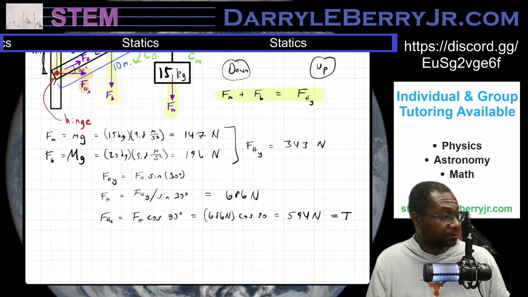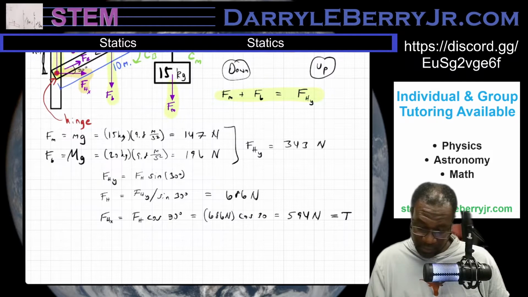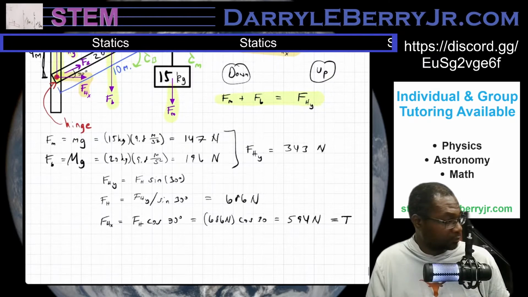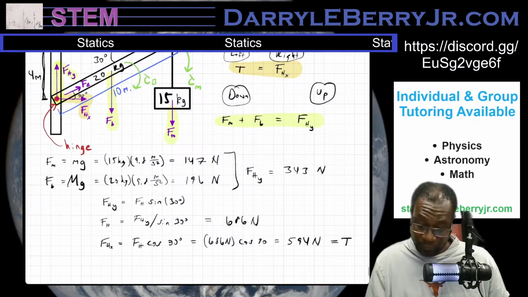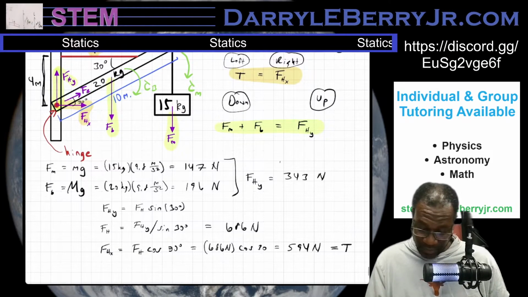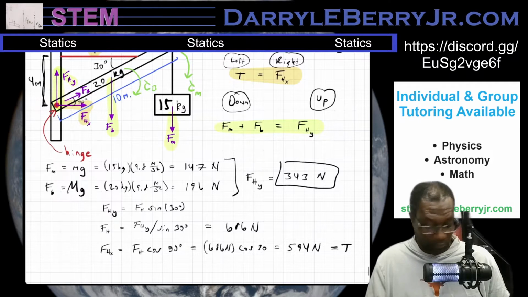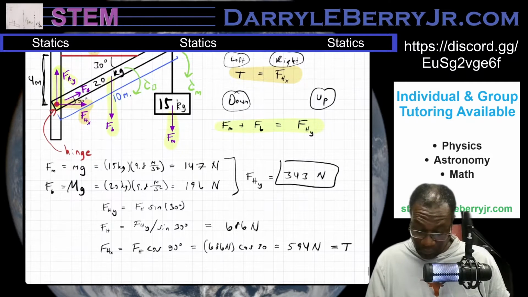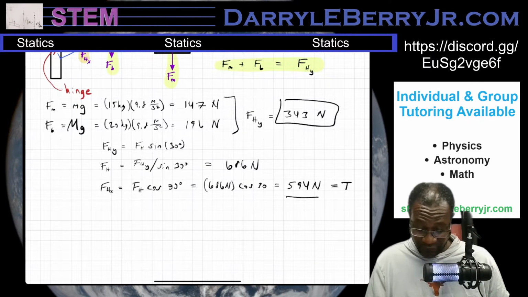Let's see what they got. They got a slightly different number. So they did get this for that. FHY, they got 594.